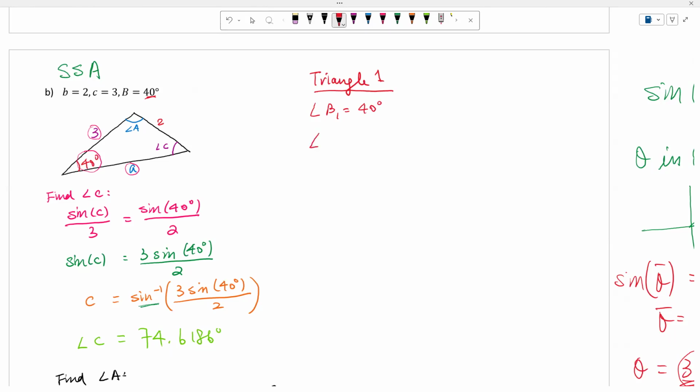And then for the angle C, which is 74.6186, we use this angle C sub 1 to help us find the angle A sub 1. The answer that I have is 65.3814 degrees.